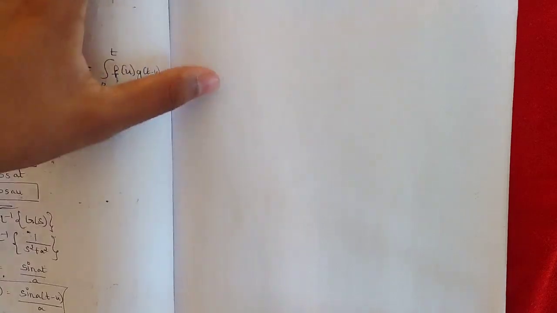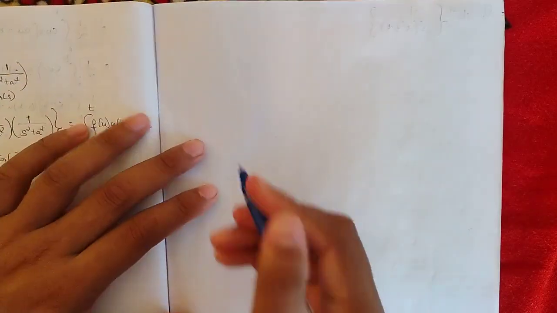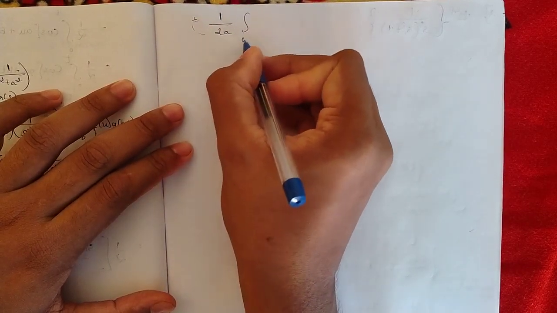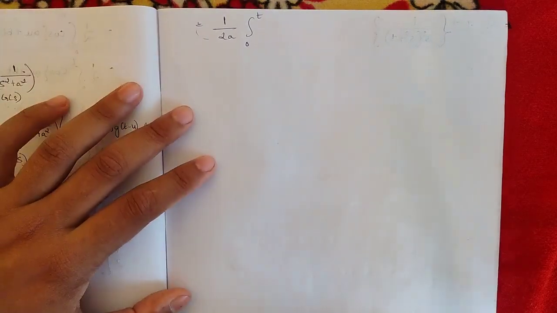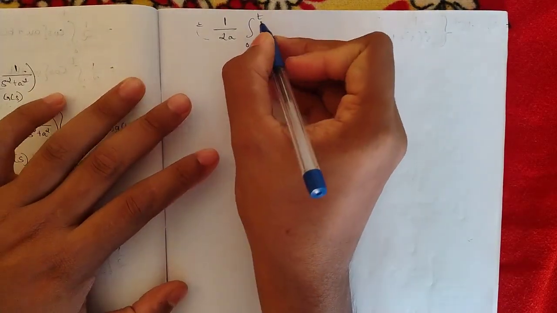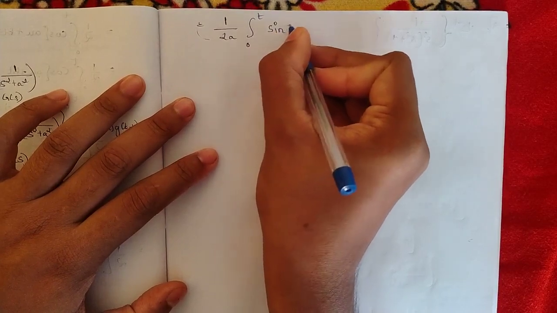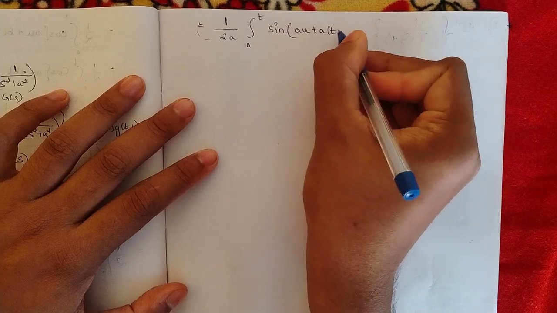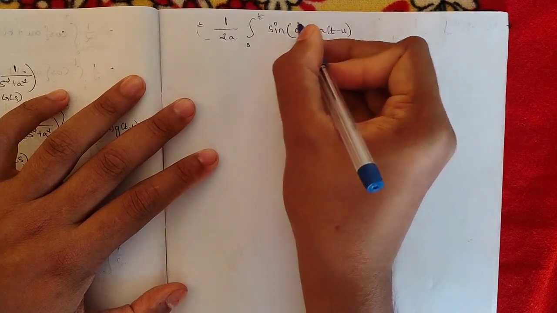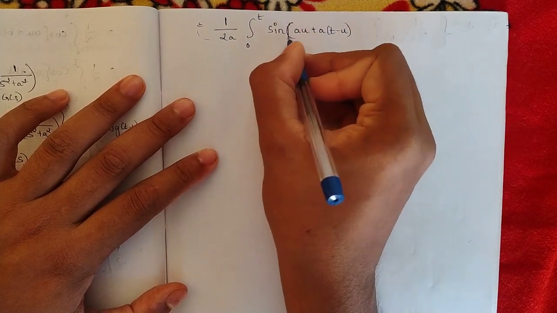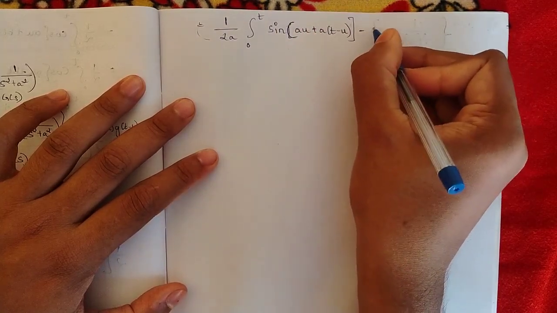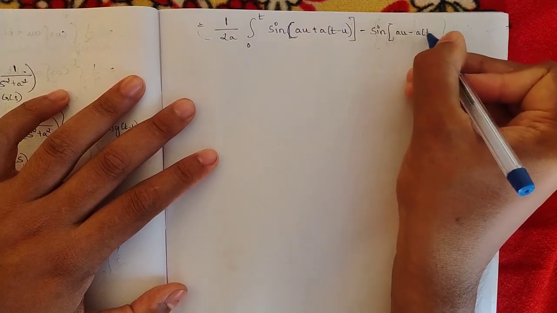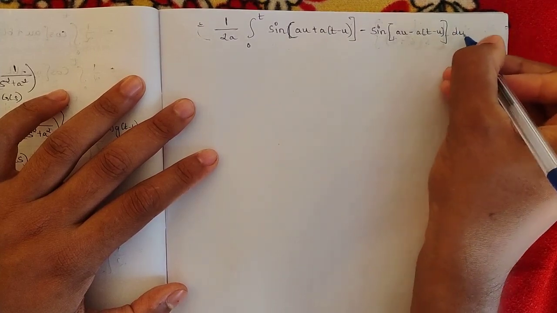That is 1 by 2a integration from 0 to t sine of a plus b, that is sine of au plus a into t minus u, minus sine of a minus b, that is au minus a into t minus u du.